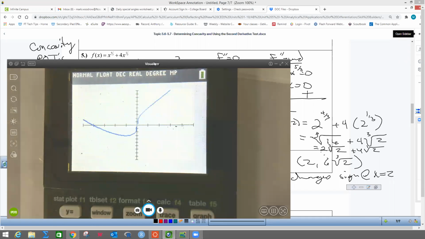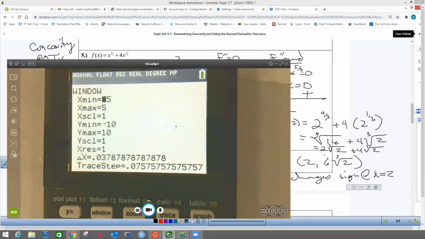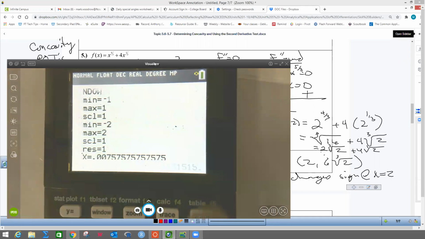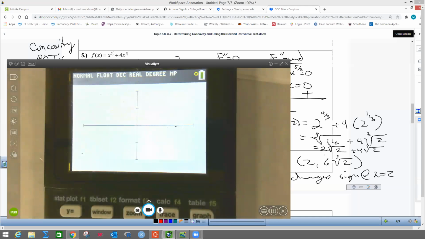Okay. So what I want to do is zoom in on that middle section at the very middle. I hope you can see that we're concave down over there, but at 0, I think we got a problem. So I want to zoom in. I'm going to make my window really small, from -1 to 1, and from -2 to 2, because I want to see what that looks like right there at the origin.